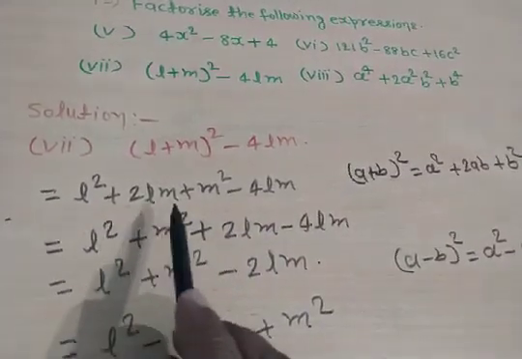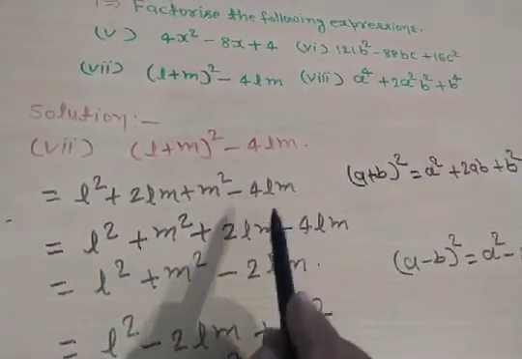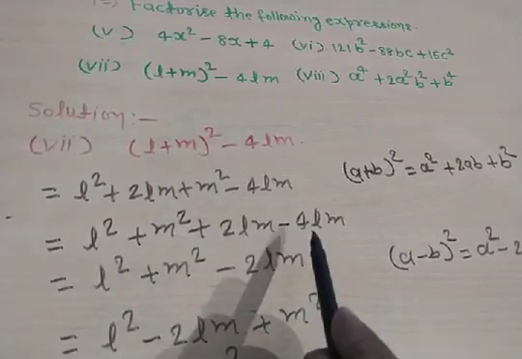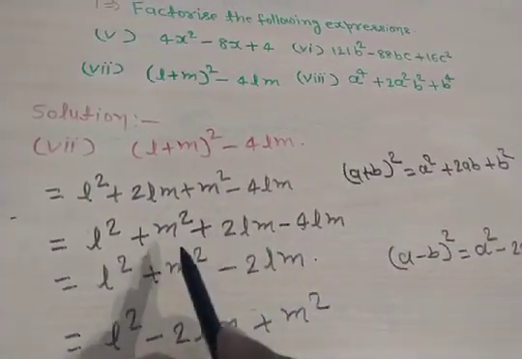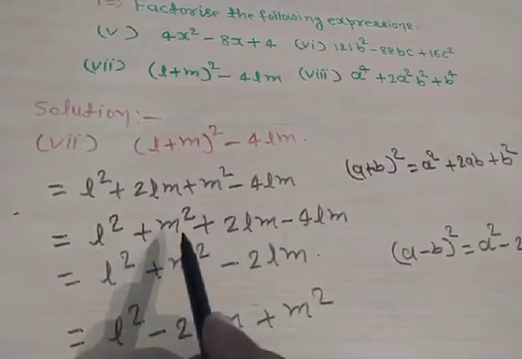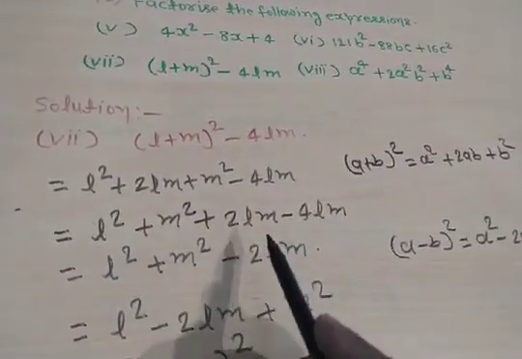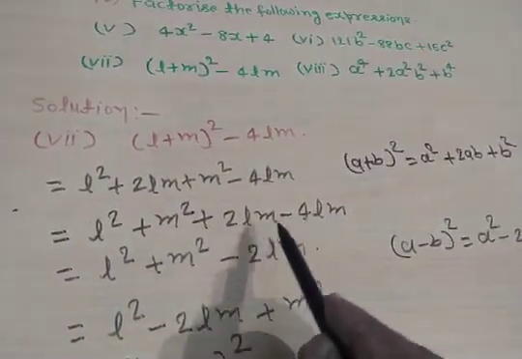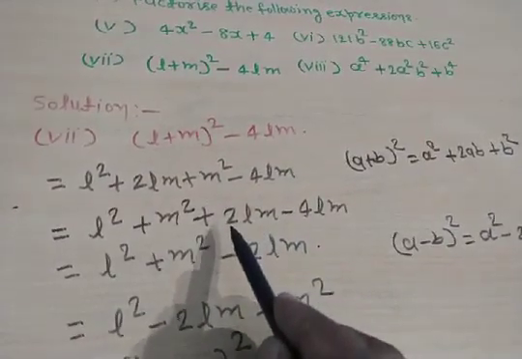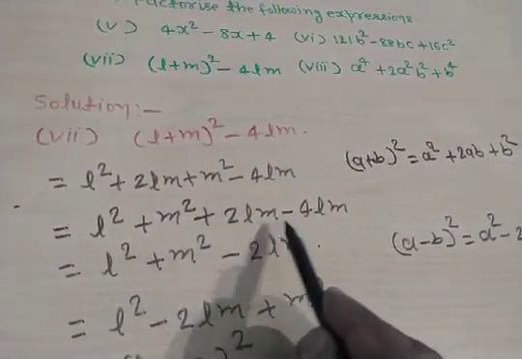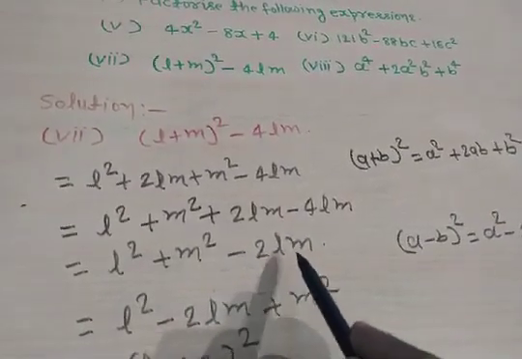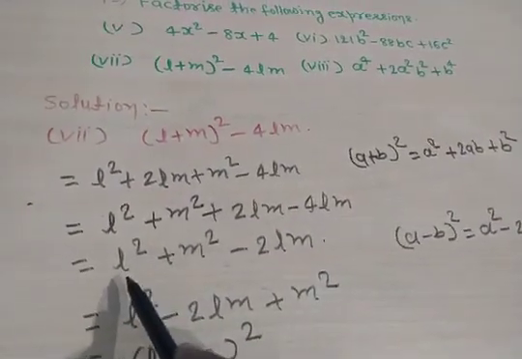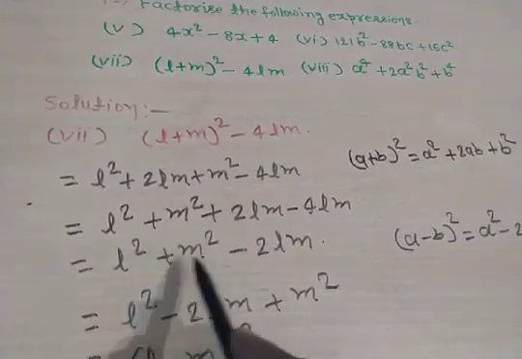Here 2LM and minus 4LM are like terms, so we write the like terms together, and here L square plus M square. If we subtract, 2LM minus 4LM, we obtain minus 2LM. So in the next step you can write L square plus M square minus 2LM.